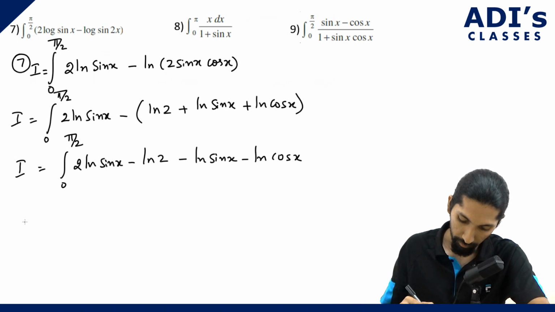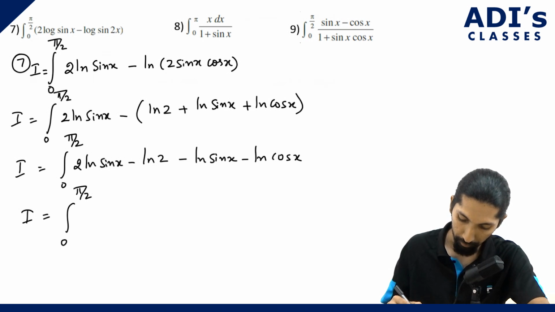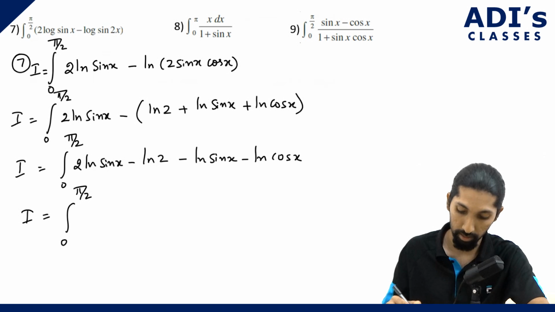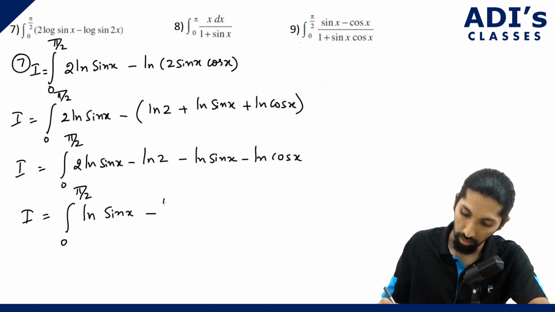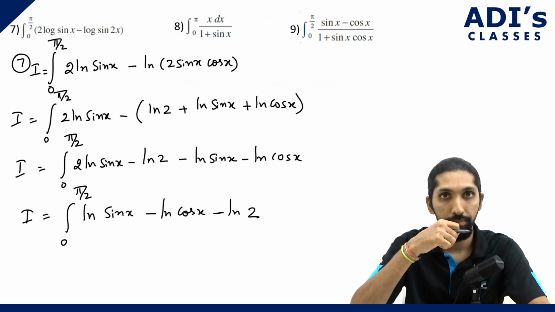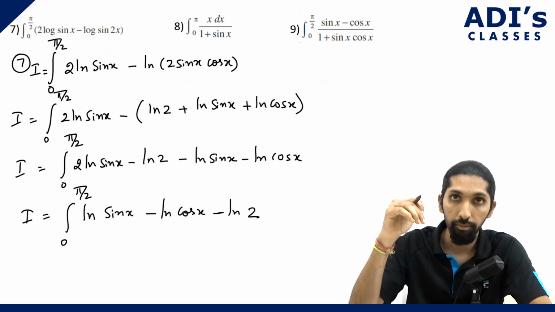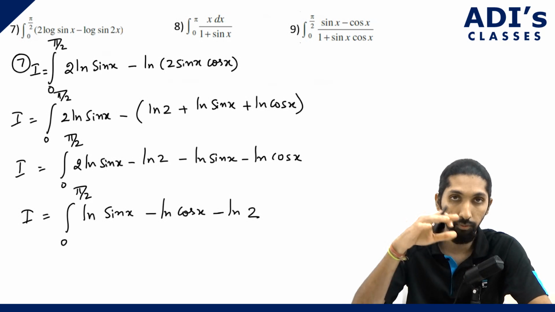We are going to have I is equal to integral 0 to pi by 2, 2 log sin x minus, this is going to be log of sin x minus log of cos x minus log 2. Correct? So this is what we have as the final answer of I.